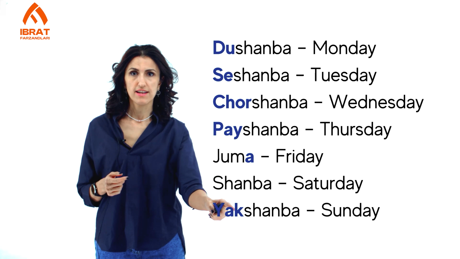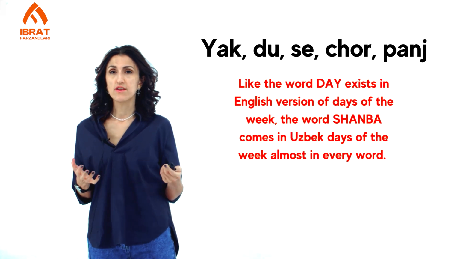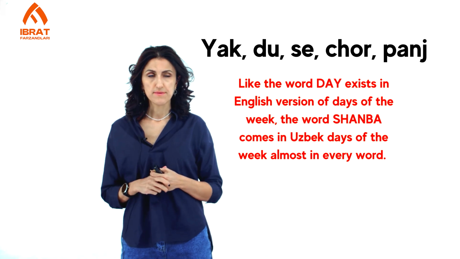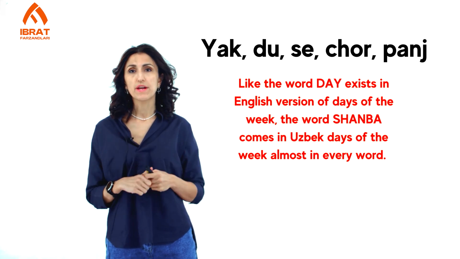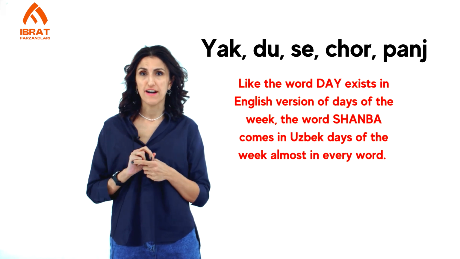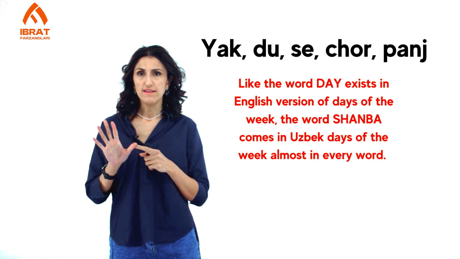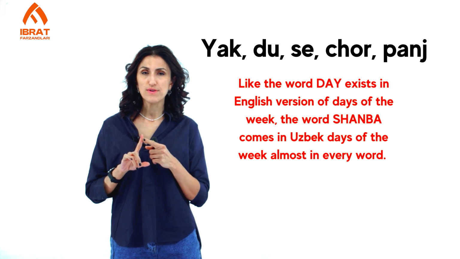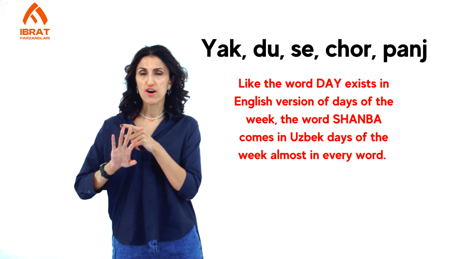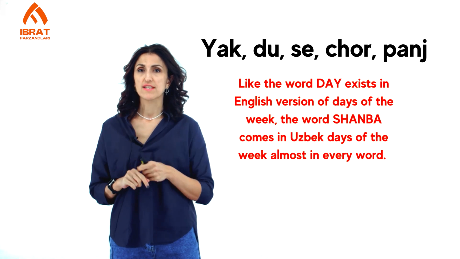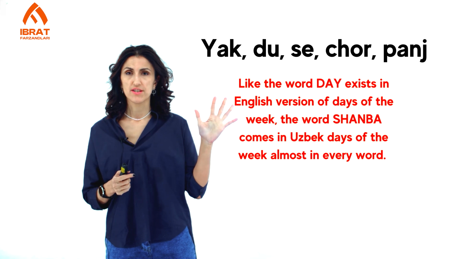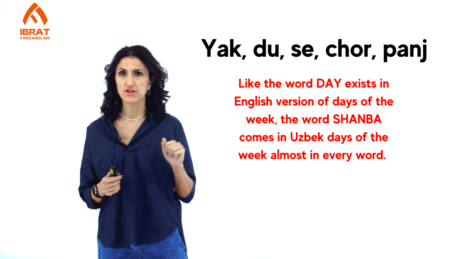It's known that the Uzbek language has words from Tajik, and we have this Tajik counting from 1 to 5: yak is 1, du is 2, se is 3, chor is 4, panch is 5. Yak, du, se, chor, panch.